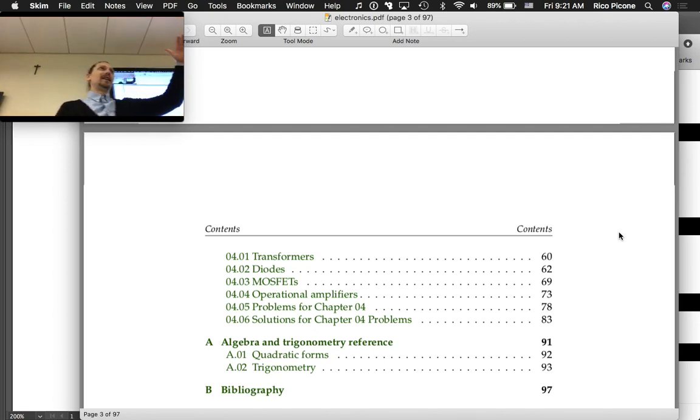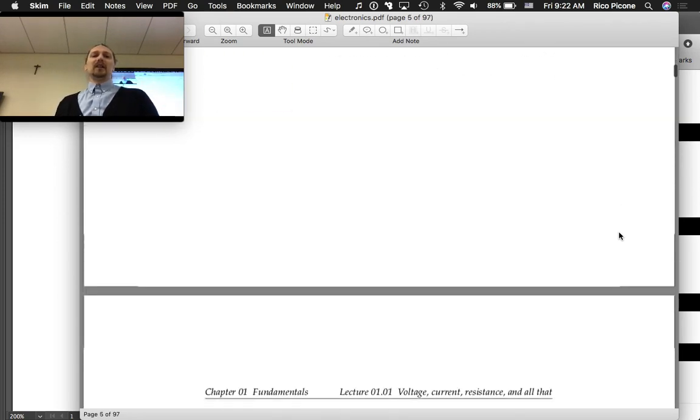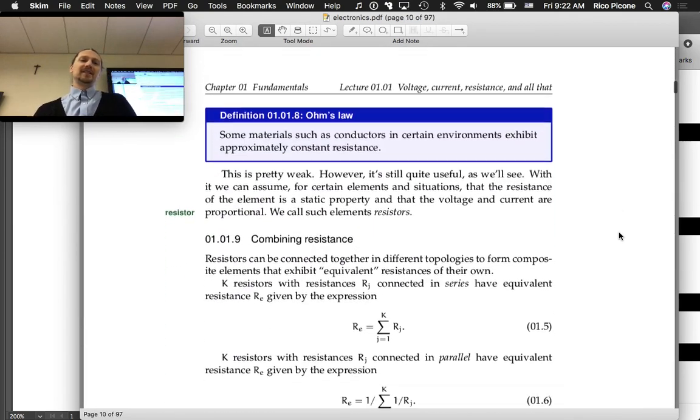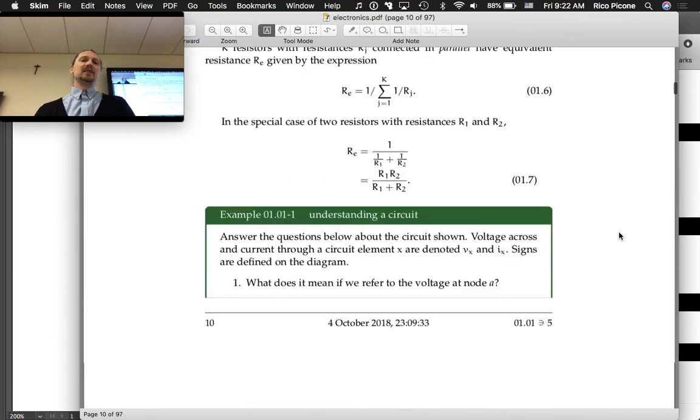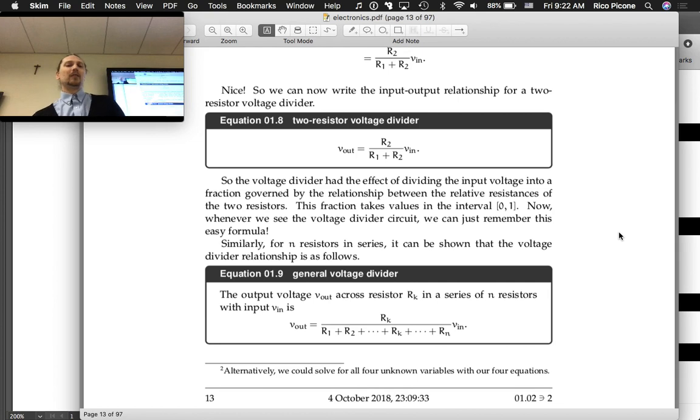So this is the bird's eye view. It's four different categories, and the first stuff was fundamental. Really, it's just three things that we moved on to that we still need to be able to do. First, the basics: how to combine resistances in series and in parallel. Then voltage dividers, remember they came into play early.